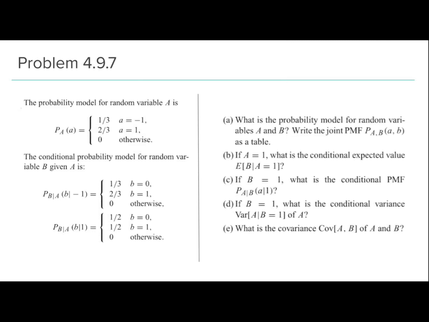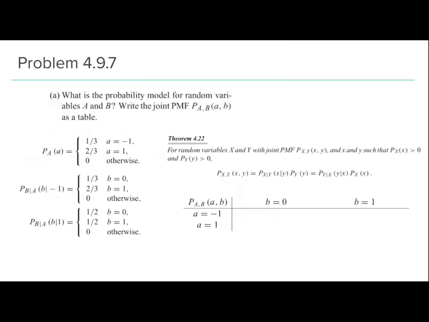So for the first part, what we have to find is the probability model for random variables A and B. Write the joint PMF P of A comma B as a table. So just off the bat, the joint PMF P of A,B will be equal to P of B given A times P of A, which is also equal to P of A given B times P of B. But since what we have is P of B given A, that's what we're going to work with.